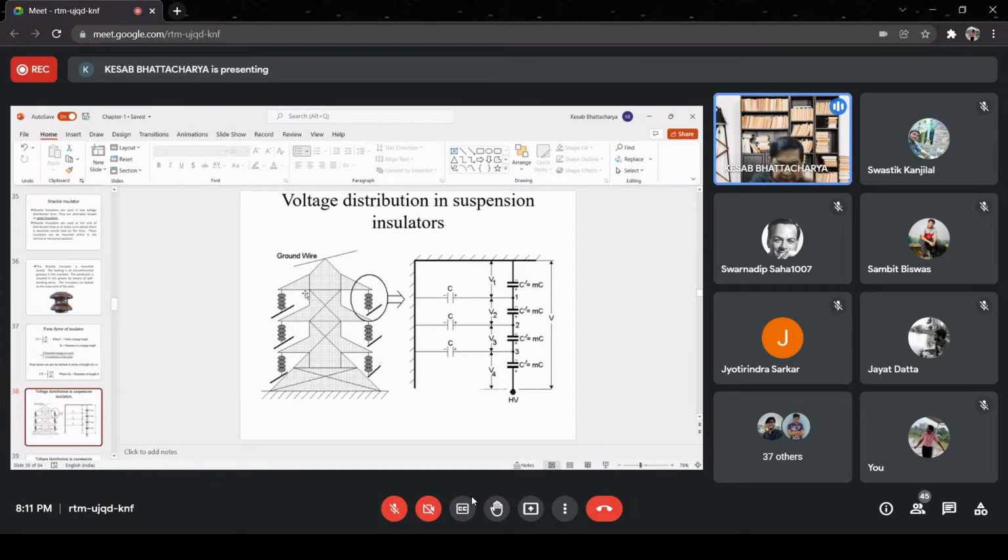They are suspended vertically, so the distance between them and the tower body will be identical to each other. Therefore, all these capacitances will also be identical. Let that be C, capital C. Do you understand up to this?